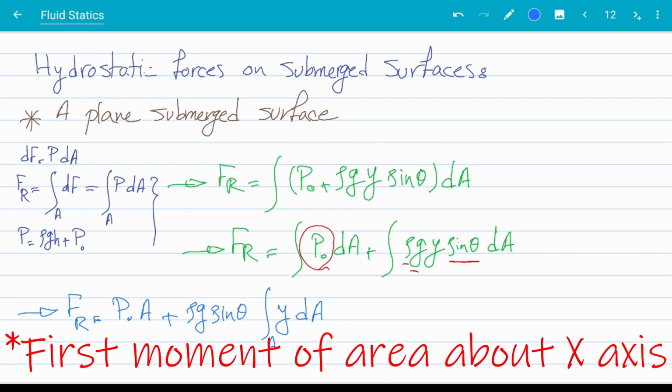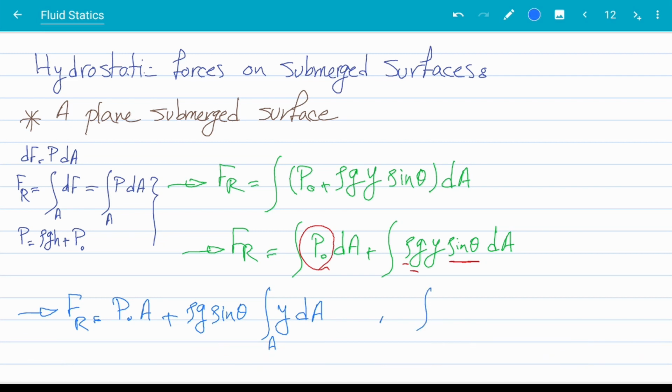This is the first moment of area. We know that the integral of y dA over an area is equal to the y of the centroid times the area. I get that total force is P0 A plus rho g sine theta YC A.